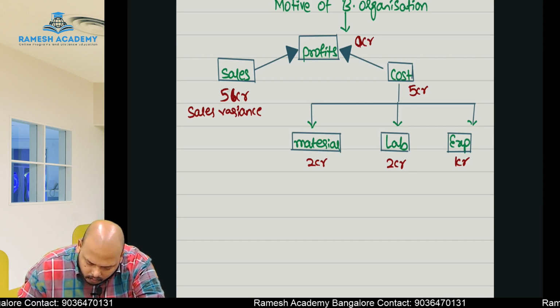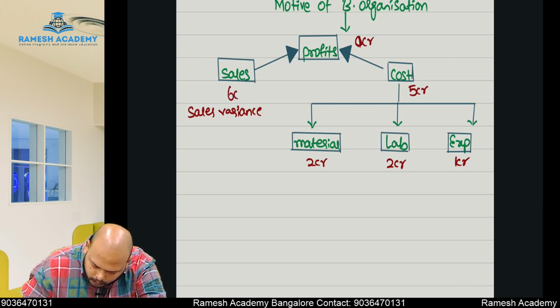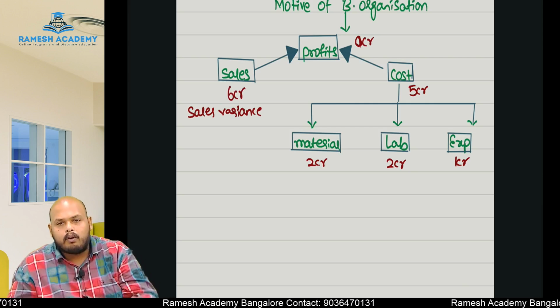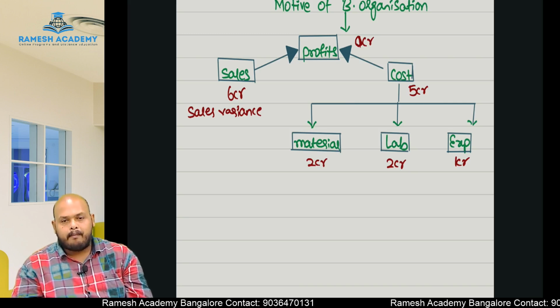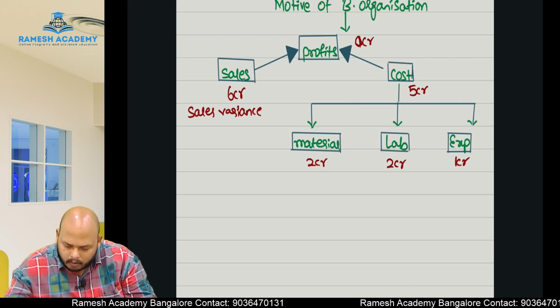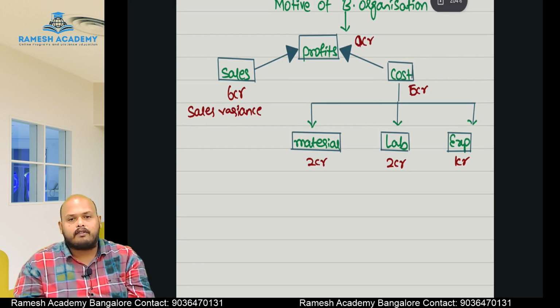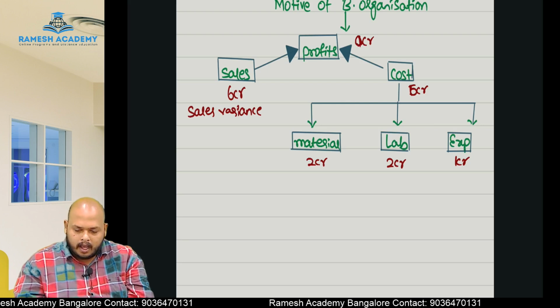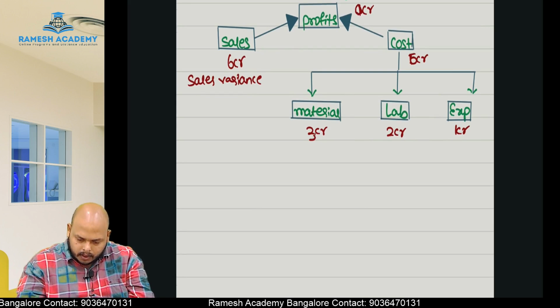Understood? Now I am changing the figure back to the original 6 for sales. Now I am increasing the cost from 5 crores to 6 crores, and I am increasing the material cost from 2 crores to 3 crores.